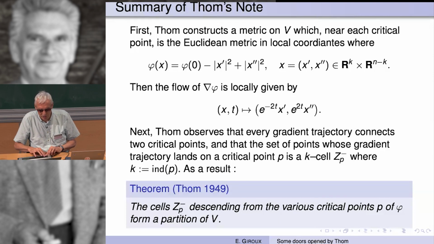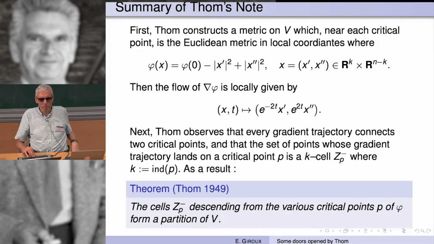So in these coordinates, the function is just given by a standard quadratic form. And so because of that, the gradient flow, since the metric is standard, is very easy to compute. And here you immediately see what is a stable manifold and what is an unstable manifold and all that. So that's the main trick he used somehow.